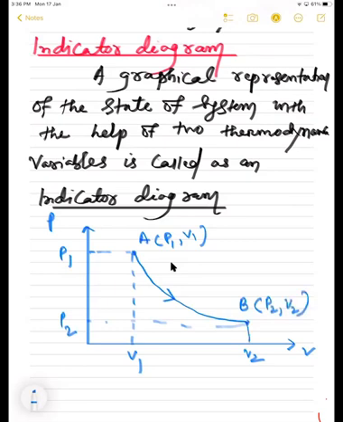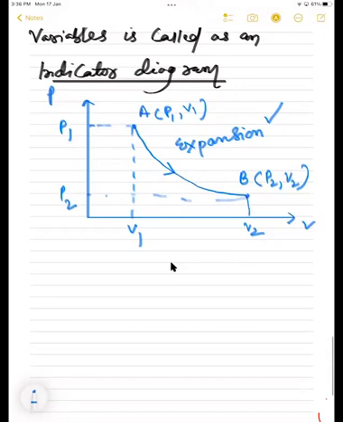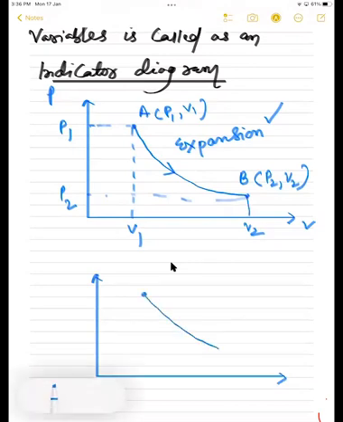So what do you think? Volume is increasing, so is it expansion or compression? Volume is increasing means expanding. Yes or no? This is expansion. What happens in compression, students? If I'm compressing gas molecules, then the volume will decrease. So the same graph we can draw like this.